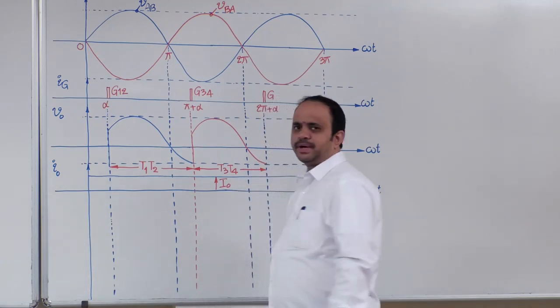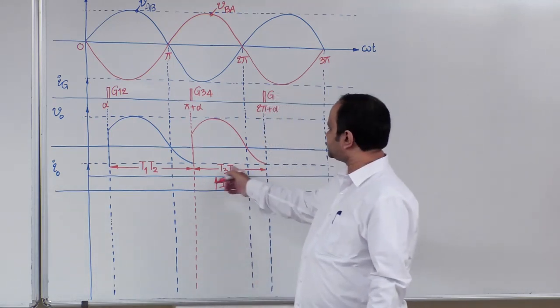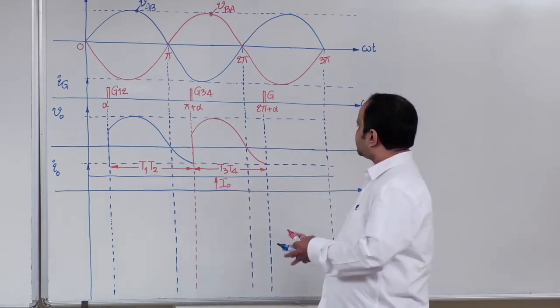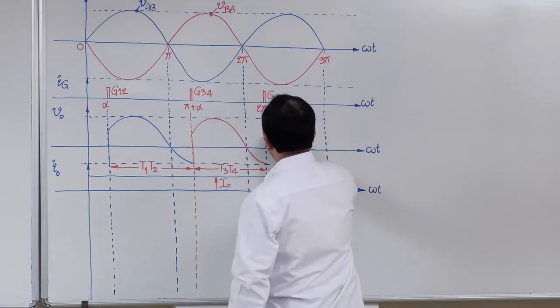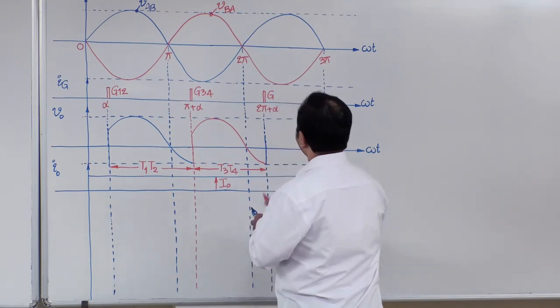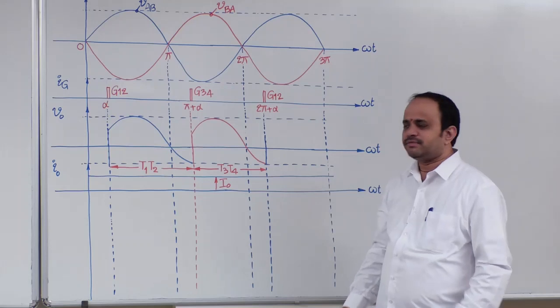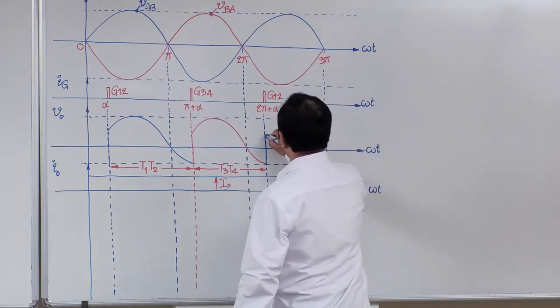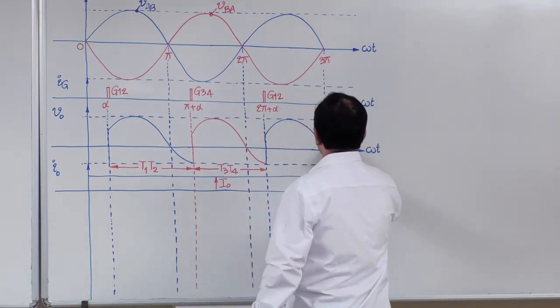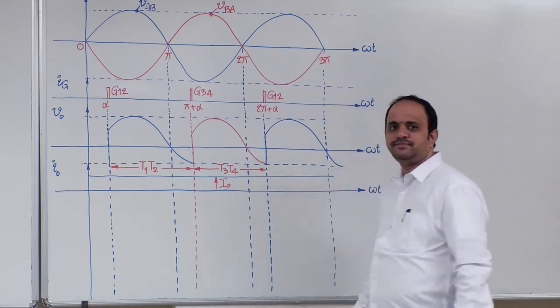Next, after 2 pi plus alpha, the T1 T2 pair will be triggered again. Hence, the output voltage will follow the blue color sinusoidal VAB.